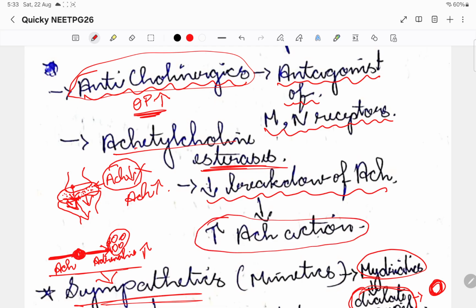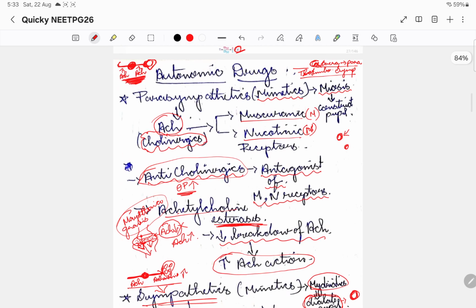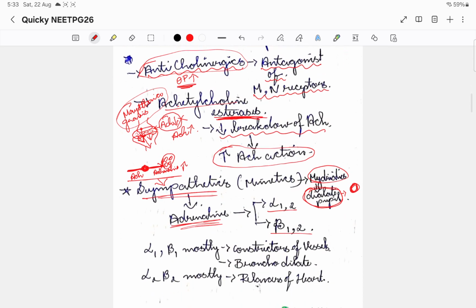This is what acetylcholine esterase inhibitors are used for. This is the major drug that we use for myasthenia gravis, right? I just wanted to give you an example of where the usage is. Myasthenia gravis is where we target. This is all and everything you need to know with regards to the parasympathetic system.